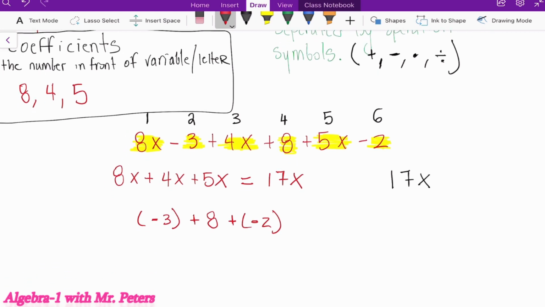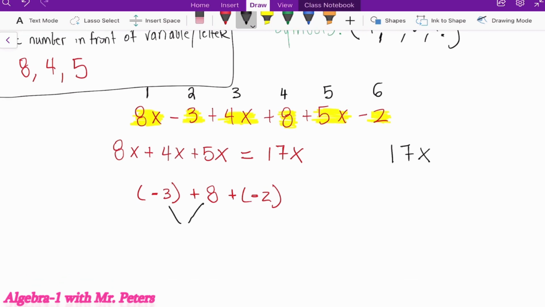So let me explain a little bit more. -3 plus 8 is going to be the same exact thing as just +8 minus 3. Okay? So once we combine those two, we're going to have 5. All right? We'll bring down our plus -2, right? And this is the same exact thing. We're adding a positive and a negative number, so we're going to subtract. So 5 plus -2 is the same thing as 5 minus 2, and our final answer right there would be 3.